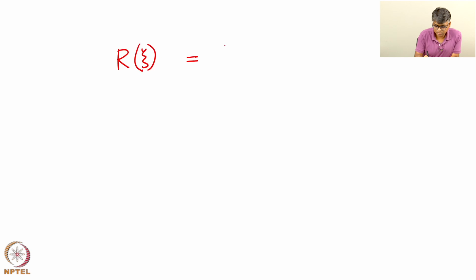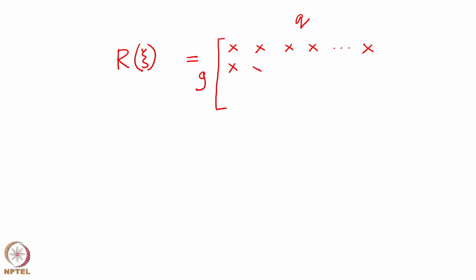What is this matrix? This matrix has g number of rows and q number of columns.